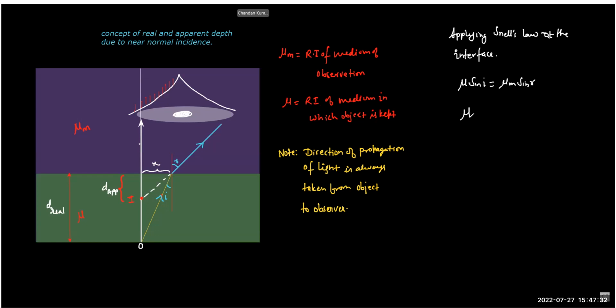These diagrams are not for the exact interpretation; we have to draw for the near normal incidence. So we can take it near normal and we can write sine I as I and sine R as R. And for a small angle, we can convert sine into tan, right?